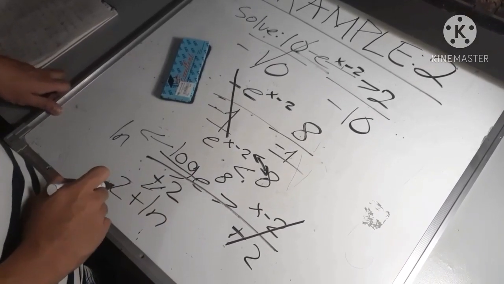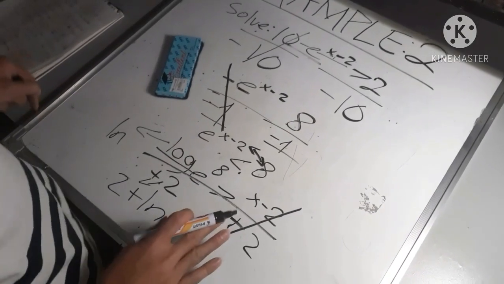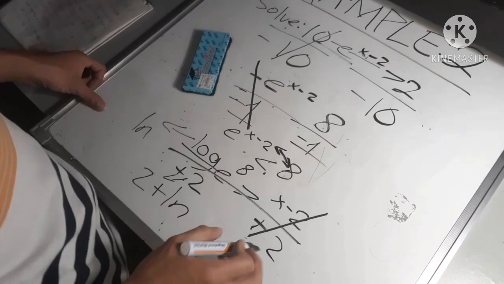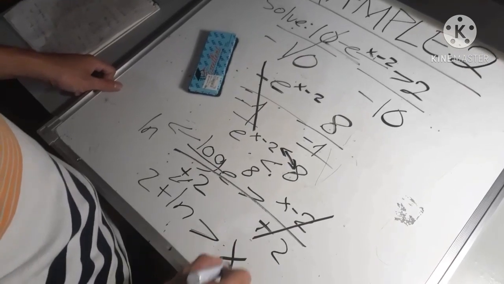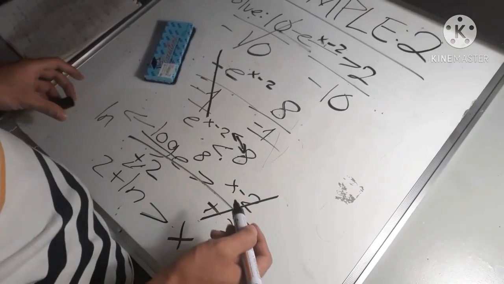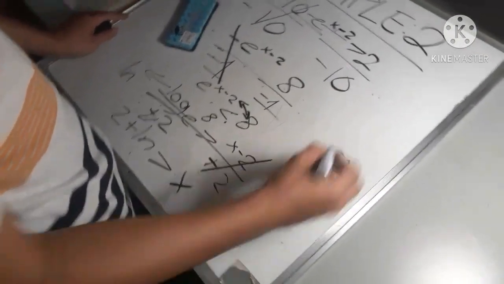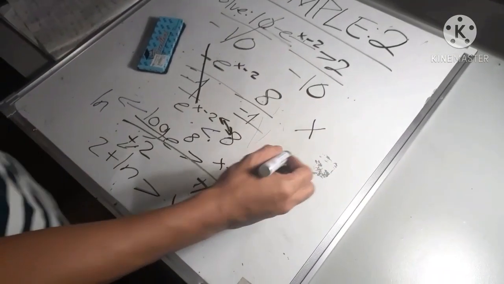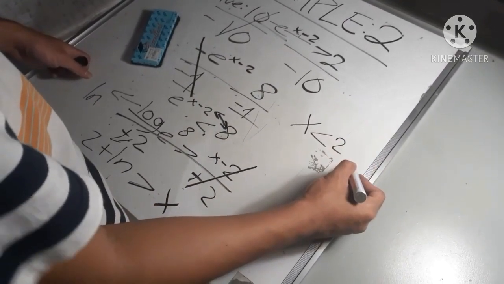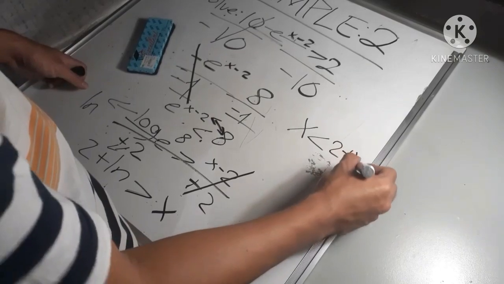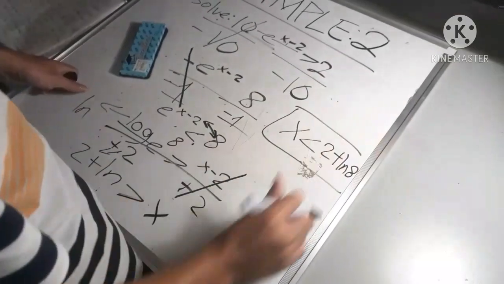Why 2 first? So that it can be simplified in our next step. And then greater than x. So the final answer must be x less than 2 plus ln of 8. This is the final answer.